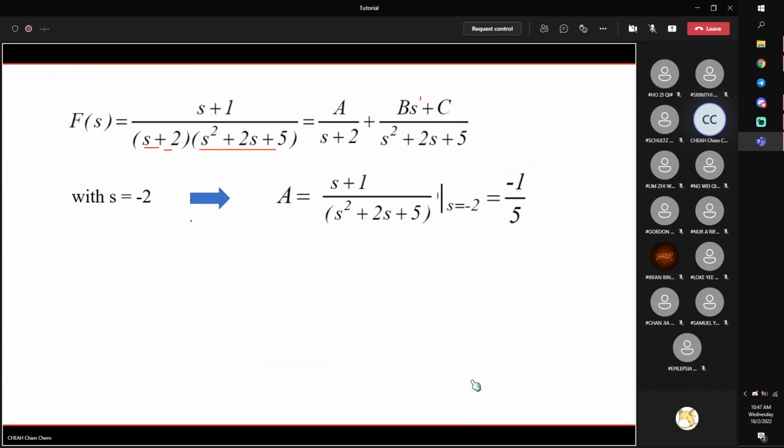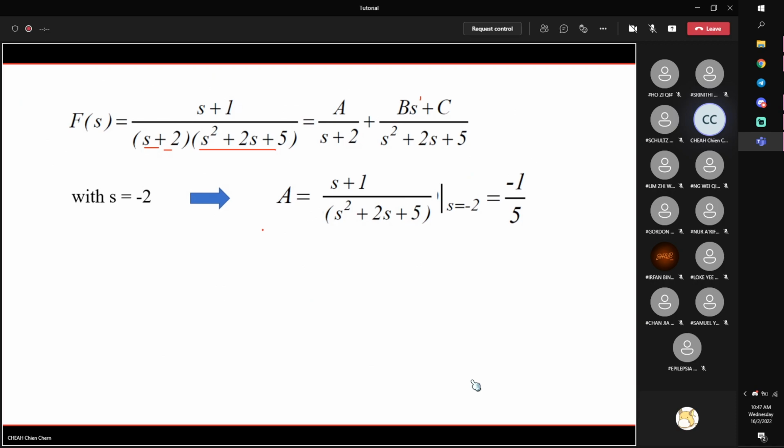Now a can be found by similarly multiplying by s plus 2. If you multiply by s plus 2 and put s equal to -2, then this term disappears. No more b and c, which means that you only have this term. S plus 2 cancels out. Put s equal to -2, you can get a.